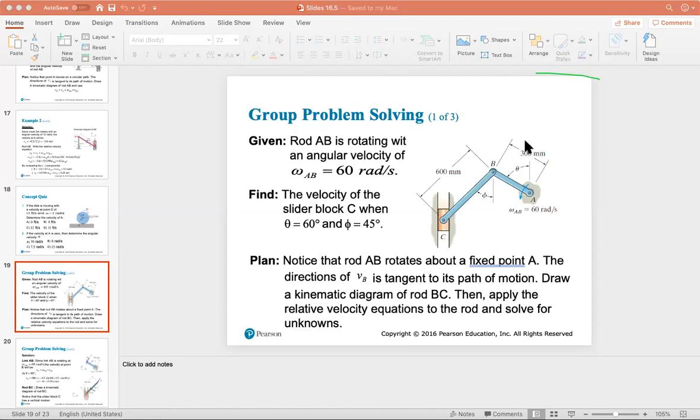I chose theta to be going that way, and I said it was plus 60. And I chose to measure phi positive this way, so it would be plus 45. I measured clockwise, so my angles were positive.